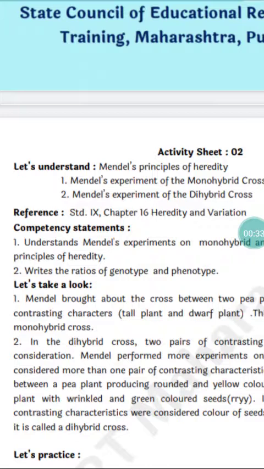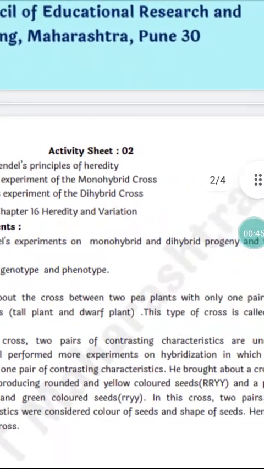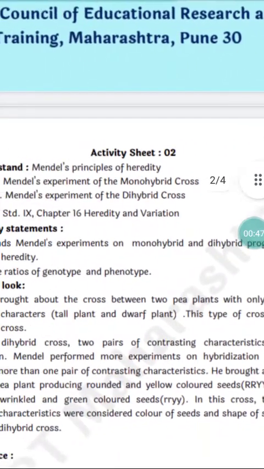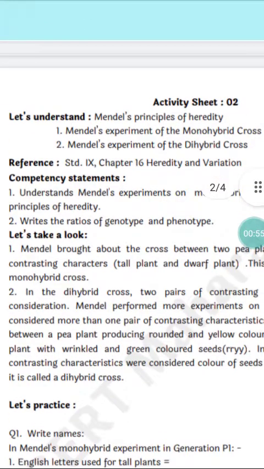You can open page number 184 from the textbook of the 9th standard. We have to understand Mendel's experiment on monohybrid and dihybrid progeny and the principle of heredity. Also, we have to write the ratios of the genotype and the phenotype.